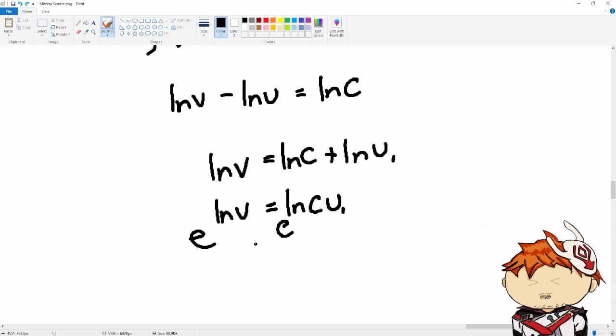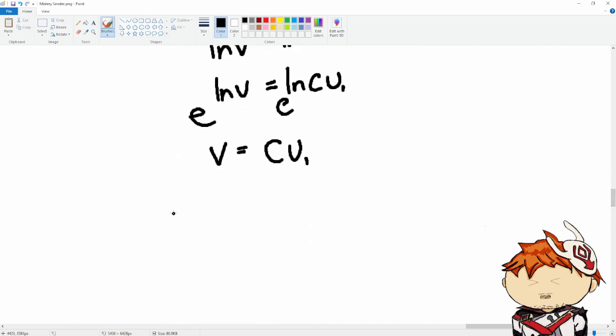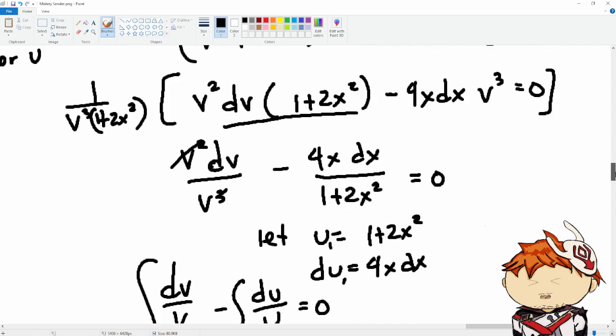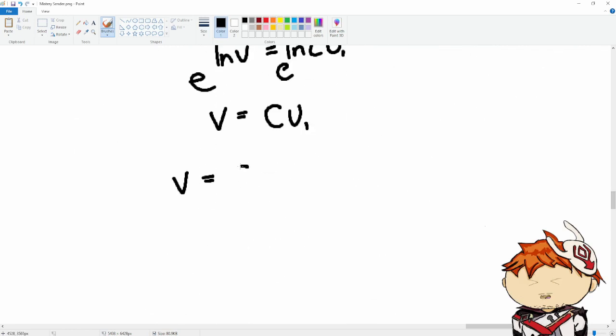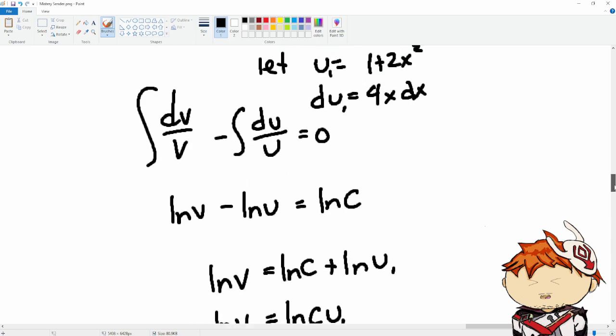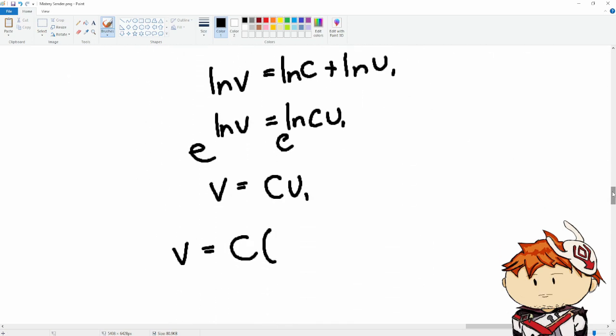I'm going to double check our variables, so we might have a mistake. Because we already have u, it's weird if we let u again. But in this case, we can backtrack. Let's check any variables. There's no variables here. v is equal to c u1, where u1 is 1 plus 2x squared.